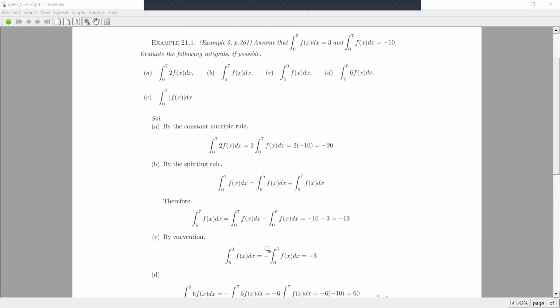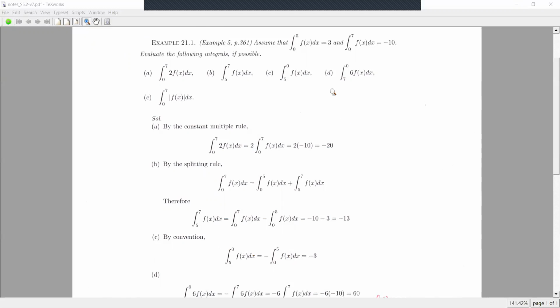But don't forget to add a minus sign in front of this integral. The integral from 0 to 5 is 3, so the value of the integral from 5 to 0 is -3.